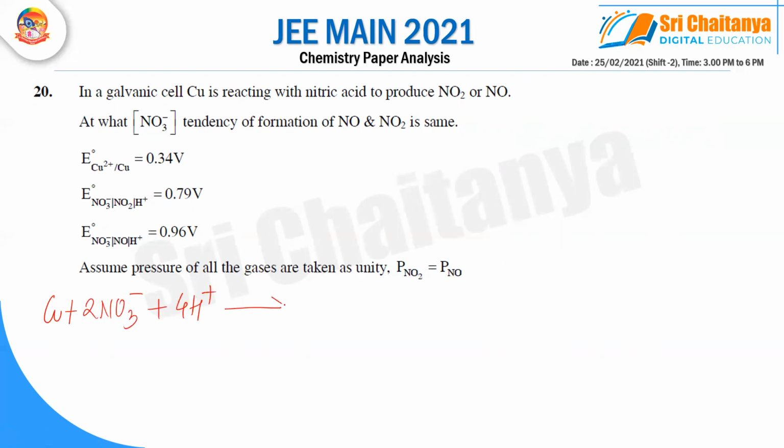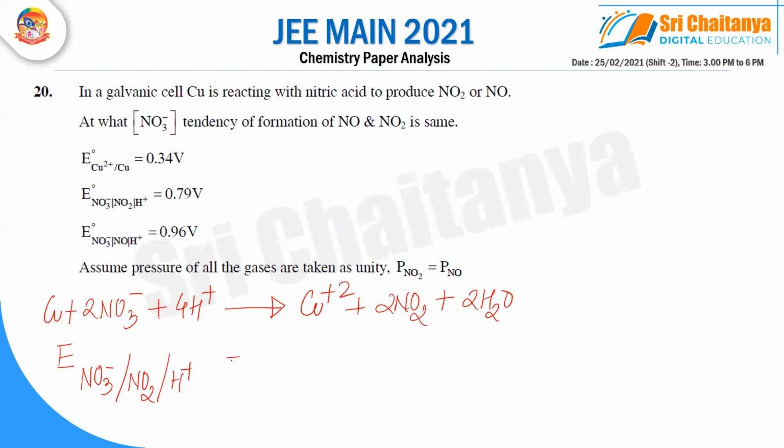I'm writing the balanced form of the reaction. So this is the reaction when NO3 minus is getting converted into NO2. Now, if I write down the Nernst equation, NO3 minus getting converted into NO2 in acidic medium, what will be that?